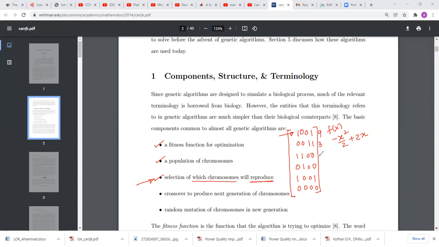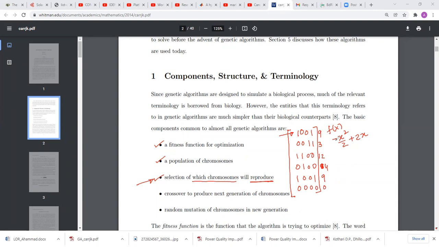This one, 12. This one, 4. This is actually a repetition, so let's leave it for the time being. No problem. And this is 0.